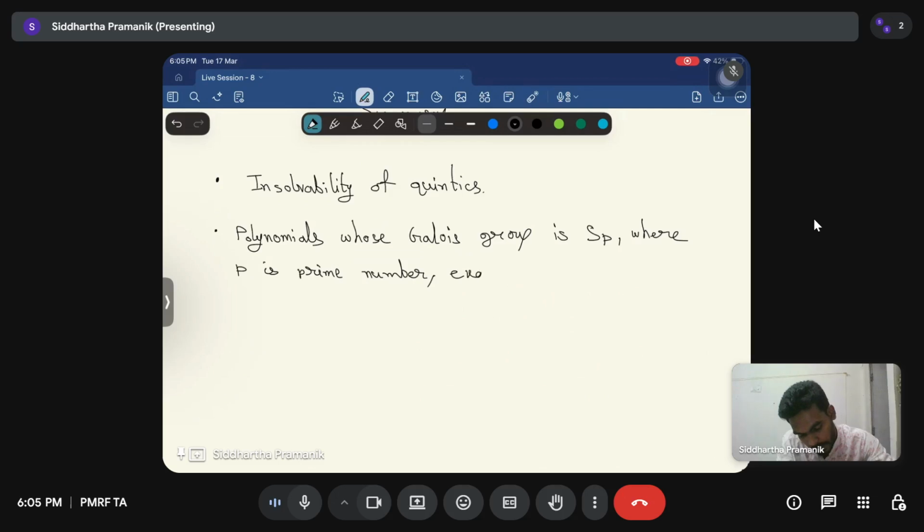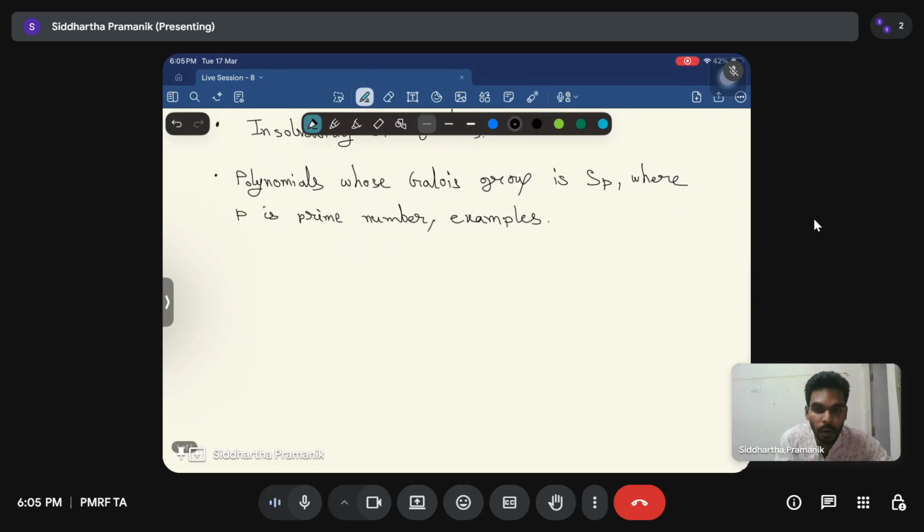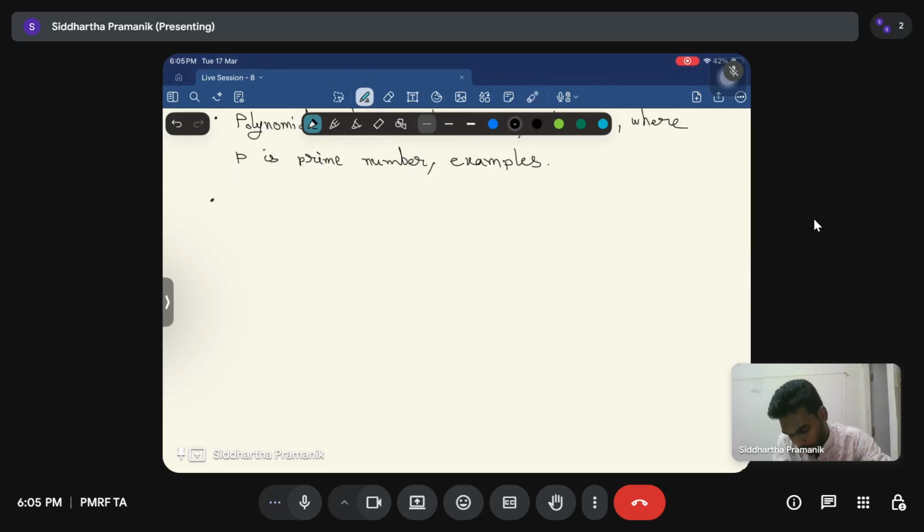So we have done some examples also in this case, and we have done some concrete examples to show how to find the Galois group of polynomials.